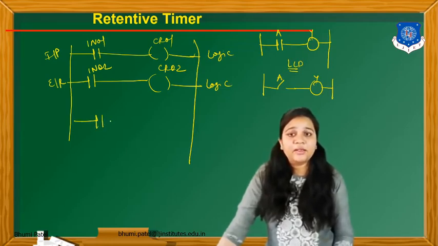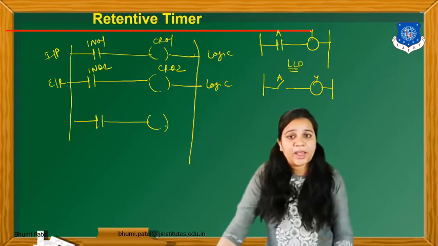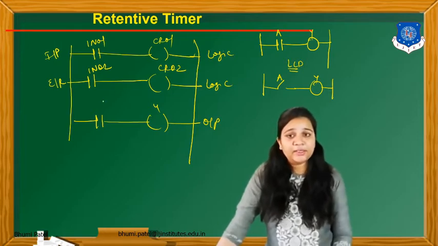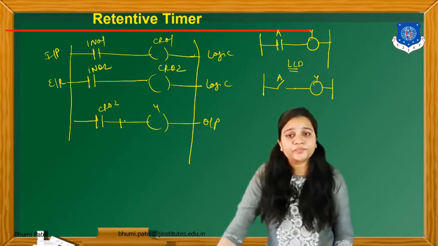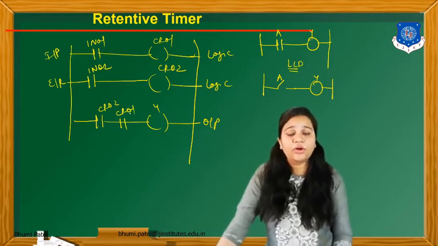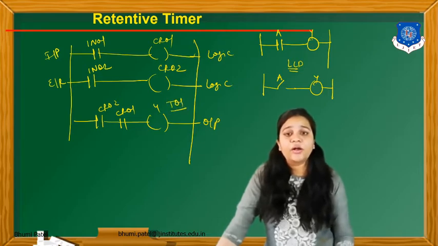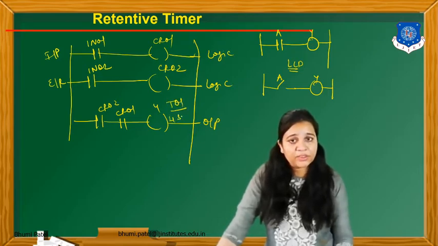This is my logic rung, and we can connect it with the timer. So we can connect the third input here. This is my main output Y, this is my output rung, and if both conditions are satisfied, CR02 is on and CR01 is on, we can get the output. Here we can connect the T01, and suppose the value of the timer is 4 seconds.